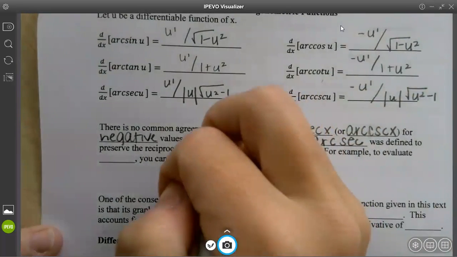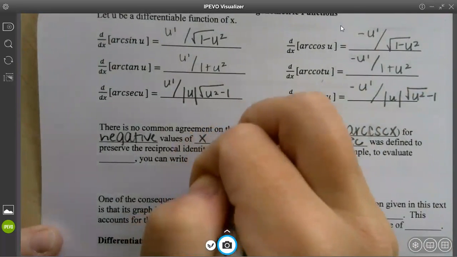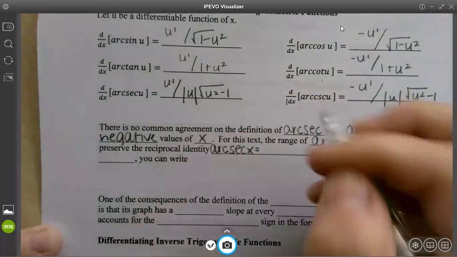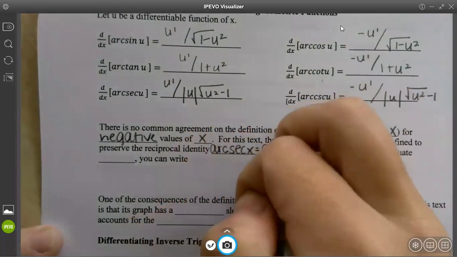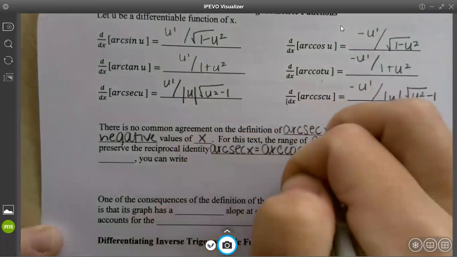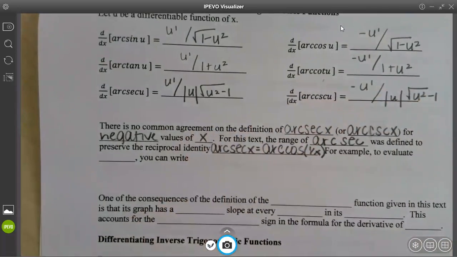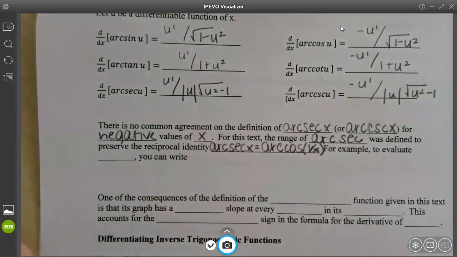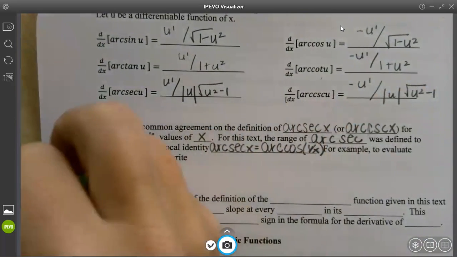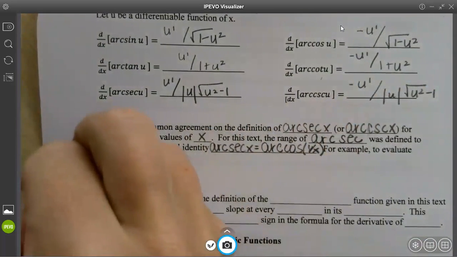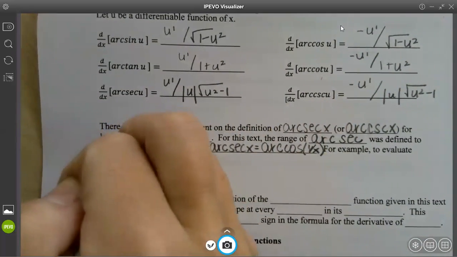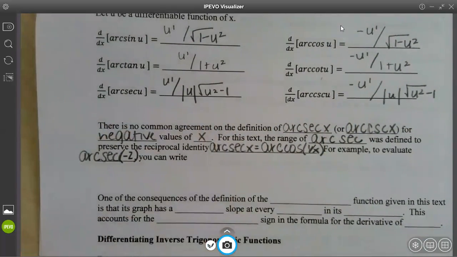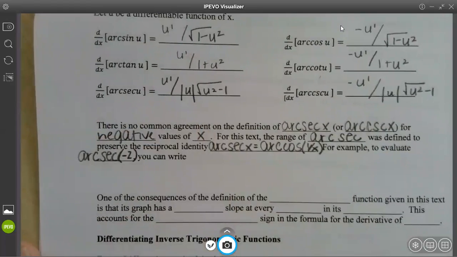Arc secant x equals arc cosine of 1 over x. For example, to evaluate arc secant negative 2.